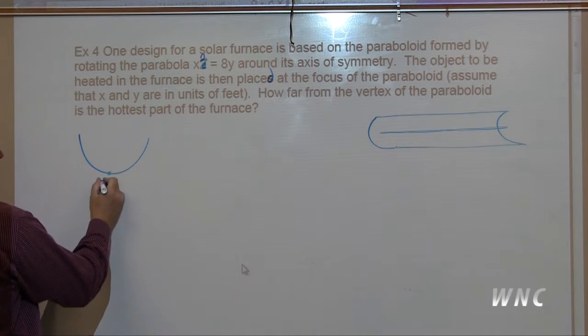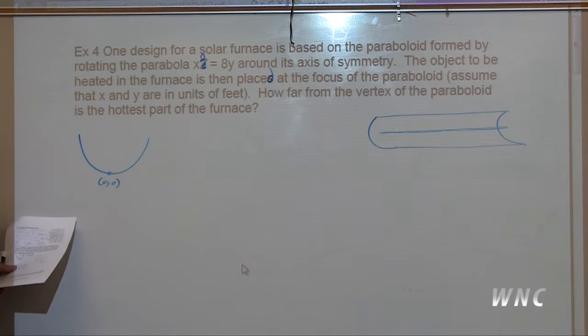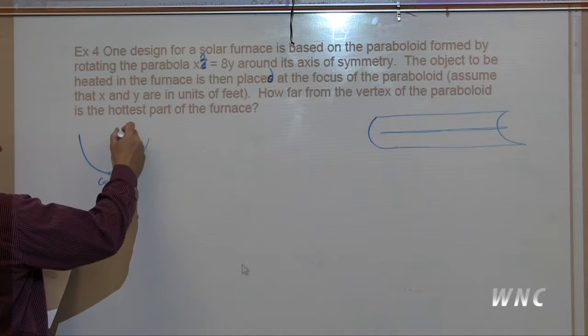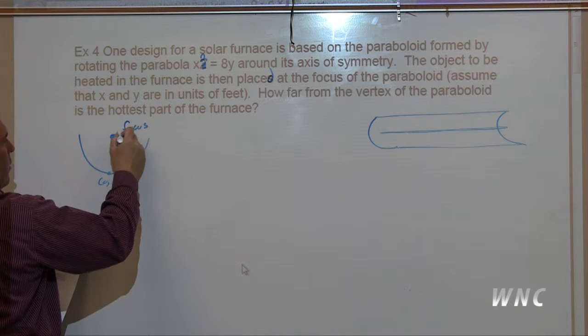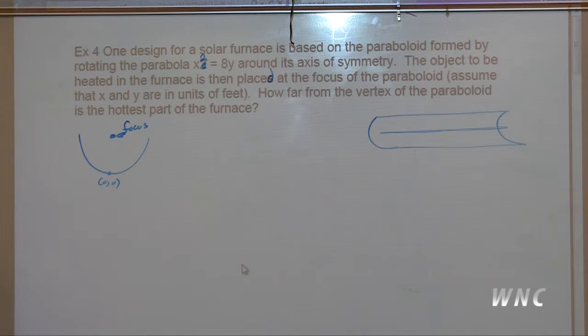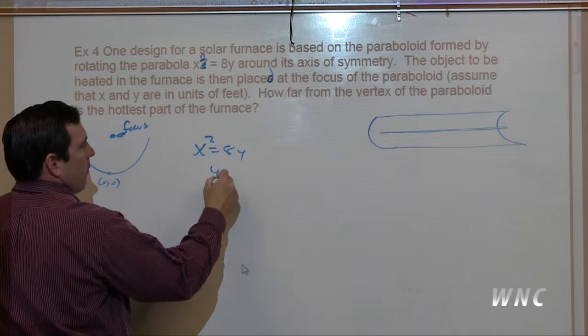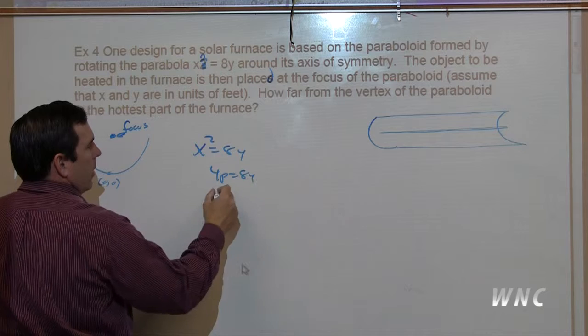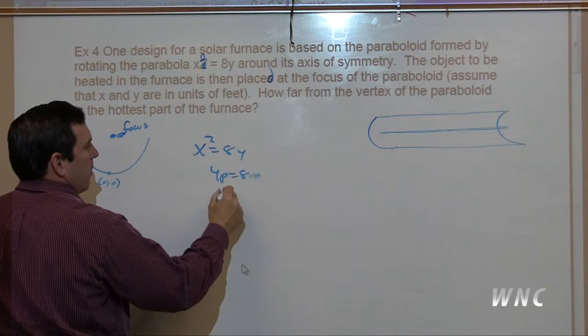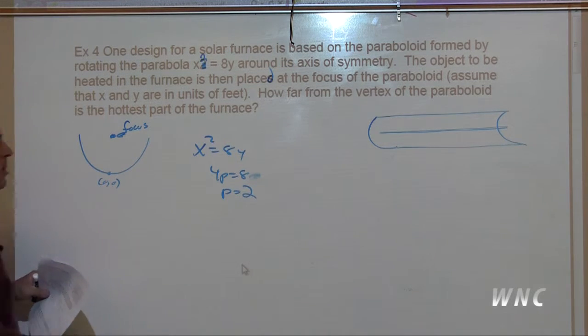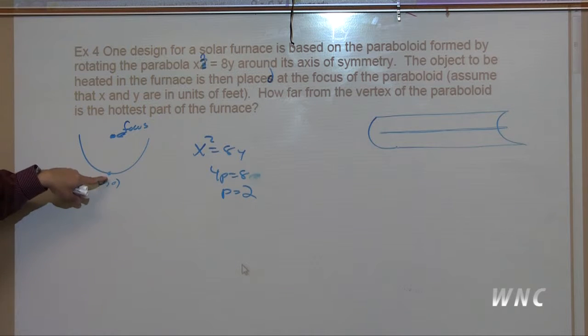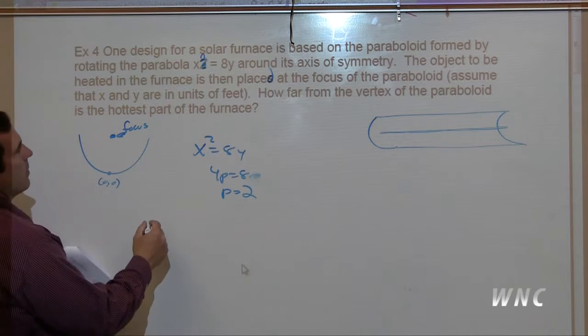We'll assume the vertex is at 0, 0. And here's our focus. The question is, where do we put that? Well, we have x squared equals 8y, so 4p must be 8, so p must be 2. It means the focus is going to go 2 feet above the vertex, in terms of feet.